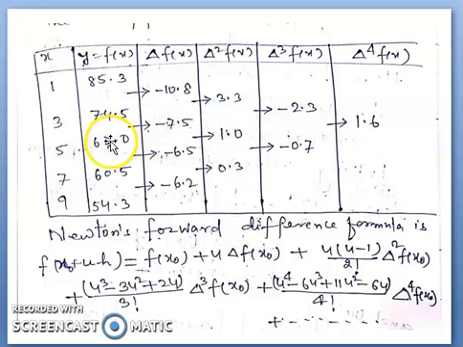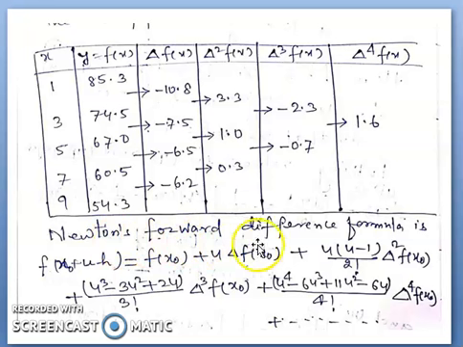Secondly, the difference between these two and put it in the middle, and the same process for del square f(x), del cube f(x) and del to the power 4 f(x). We have already discussed this in Newton's forward method.